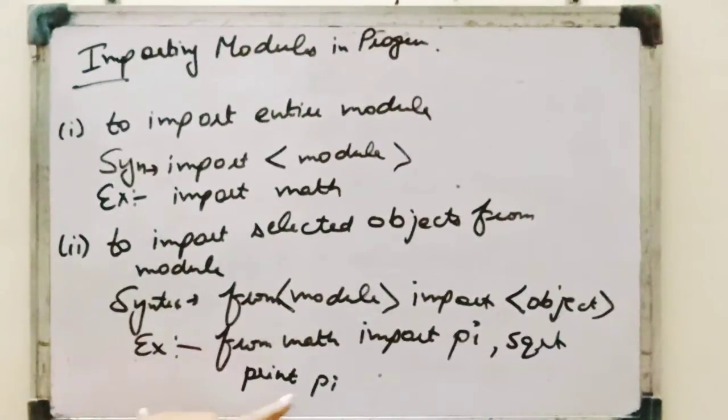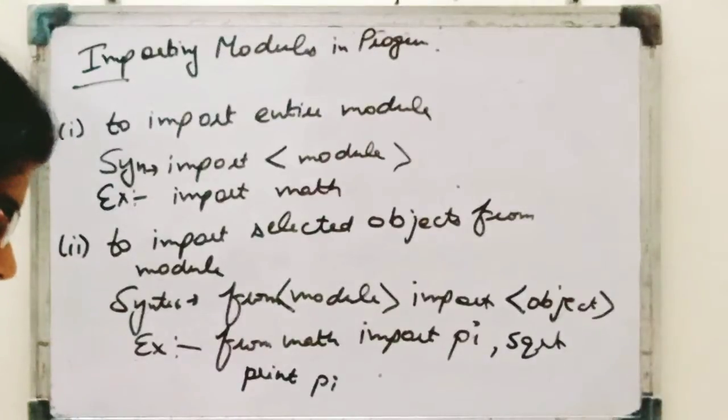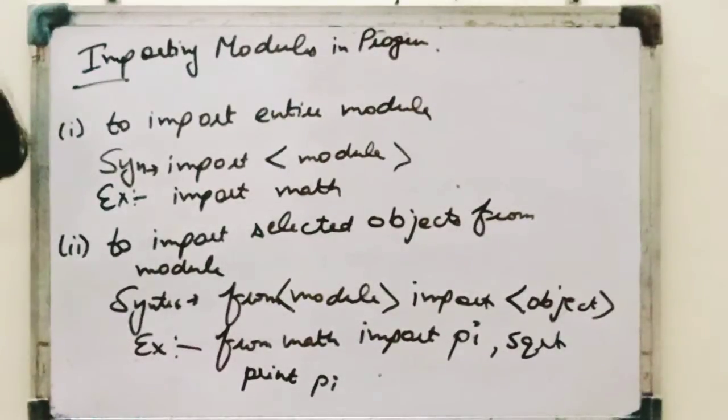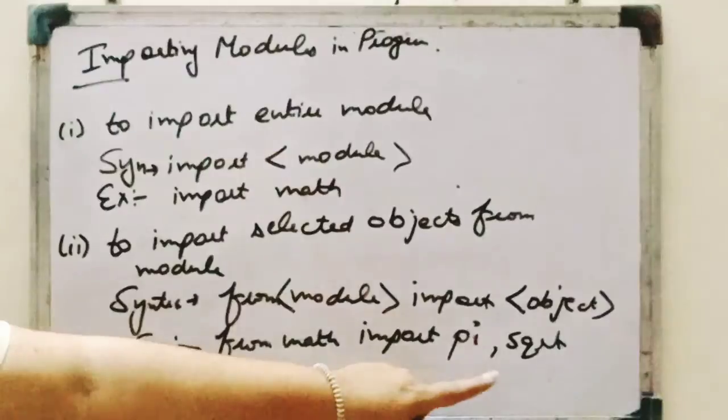You just directly print pi here. Got it? So this is all about the two ways of importing: one is importing the entire module, and second is importing the selected object. And if you want to import multiple objects, you can do pi and square root here.